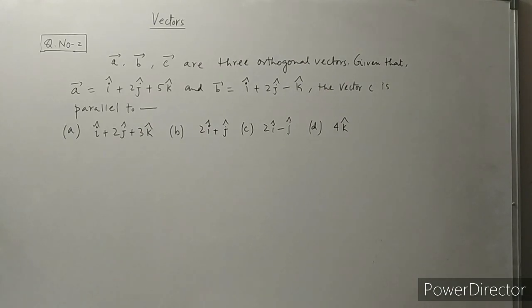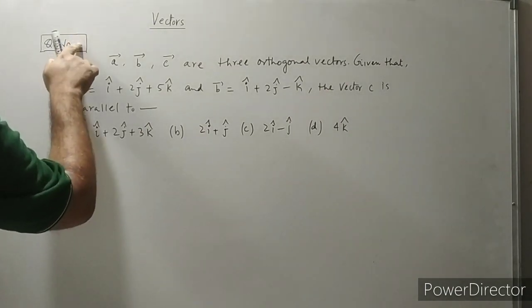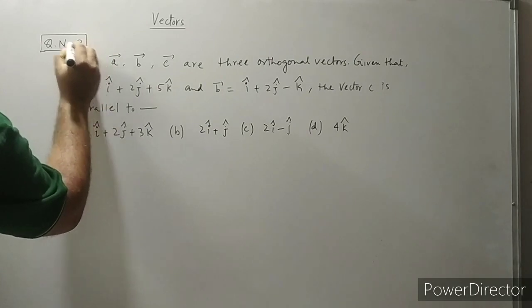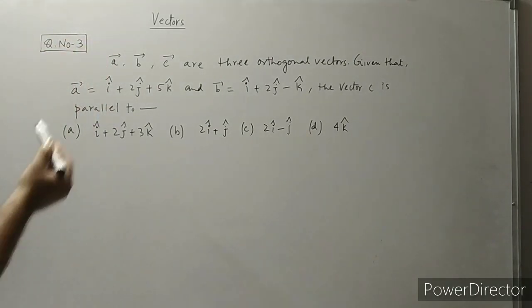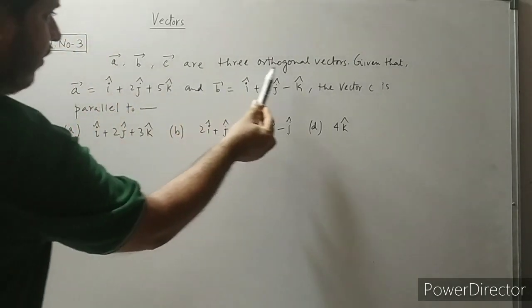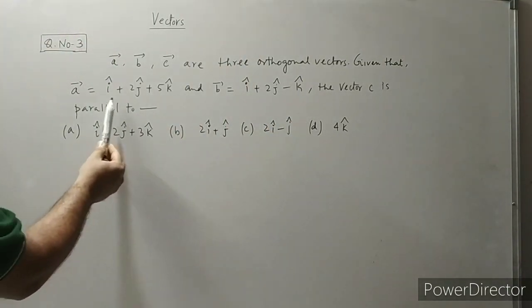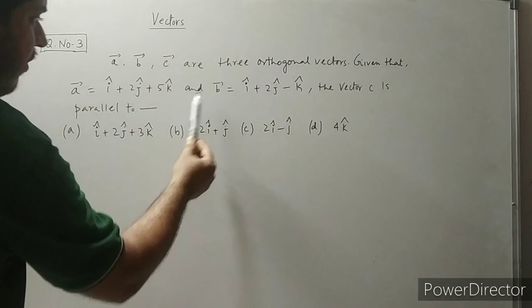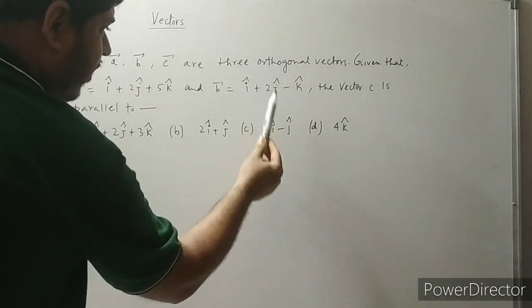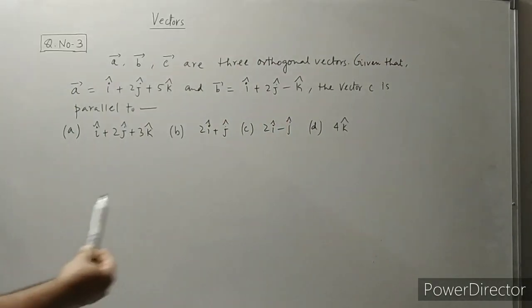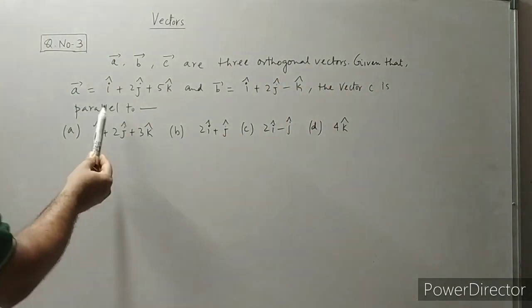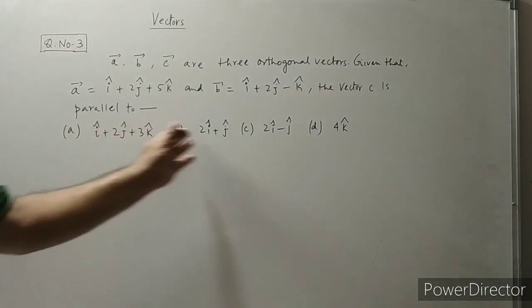In question number 3, A, B, C are three orthogonal vectors. Given that A is equal to i plus 2j plus 5k, and vector B is equal to i cap plus 2j cap minus k cap, the vector C is parallel to, and four options are given.